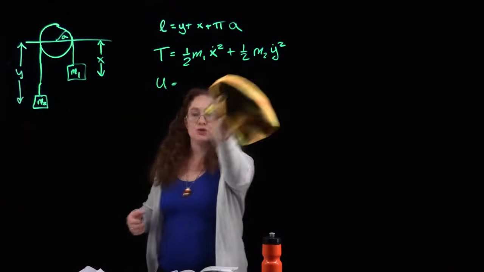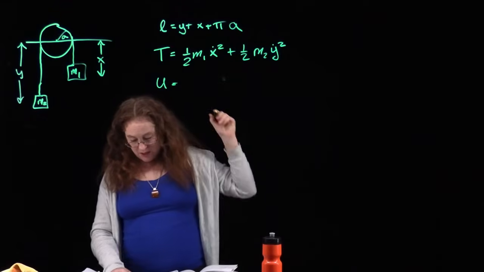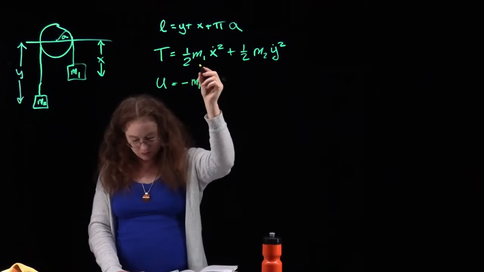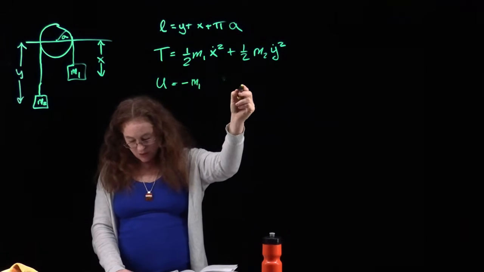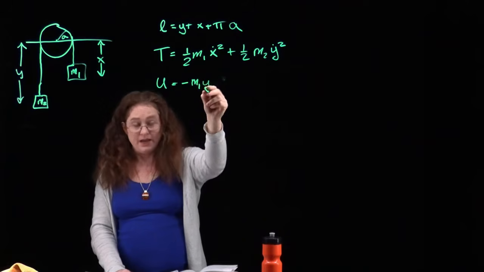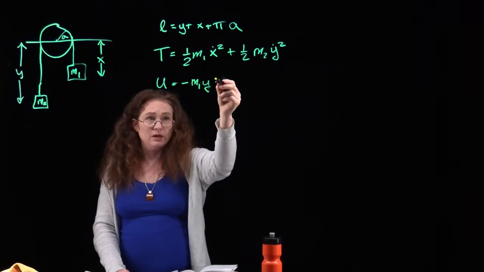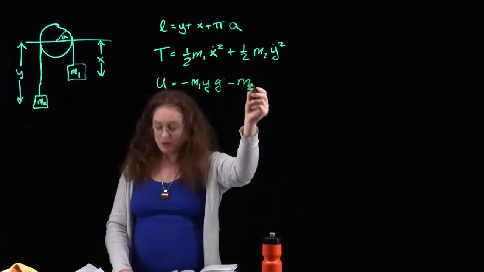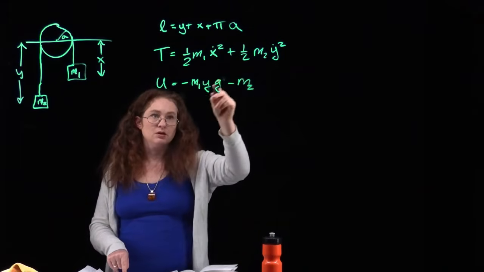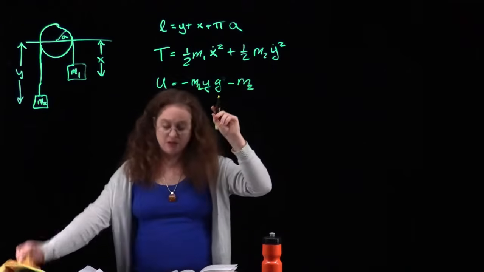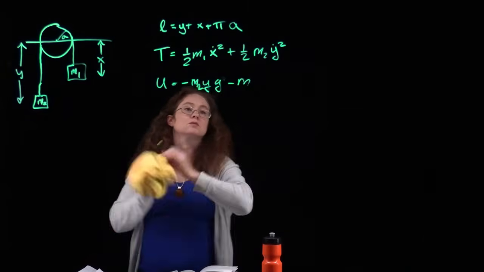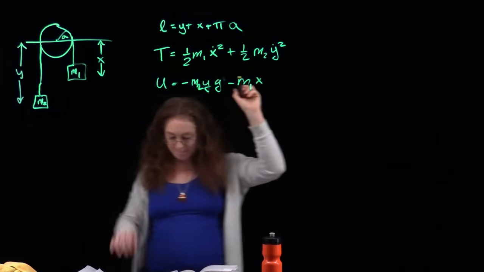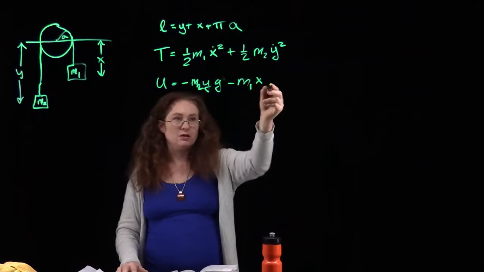Our potential energy is equal to negative m1 y g minus m2, let's see, this should be an m2 and this is an m1, x g.